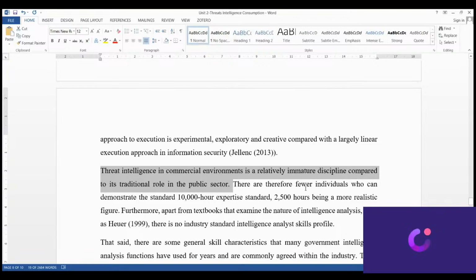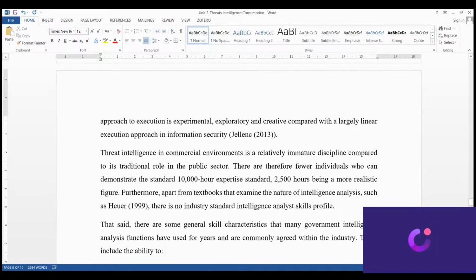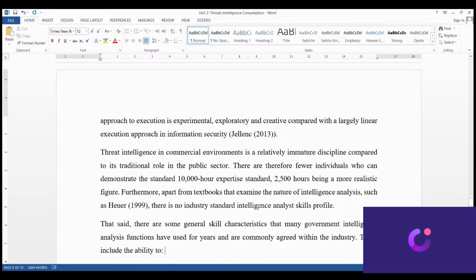So there are fewer individuals who can demonstrate the standard 10,000 hour expertise standard, or 2,500 hours being a more realistic figure. We can say it's not widely used in businesses at the moment, but it is widely used in the public sector.